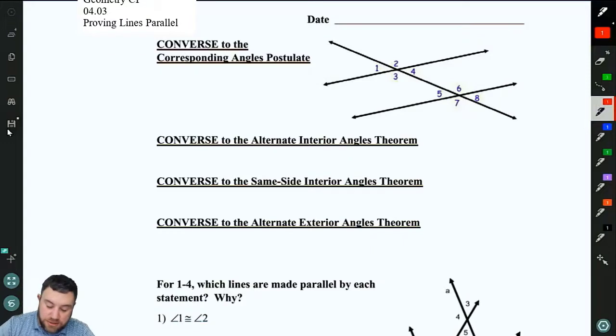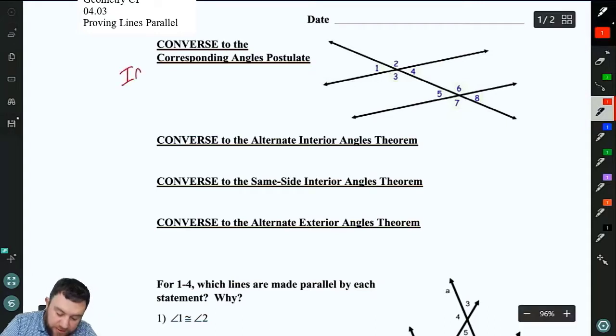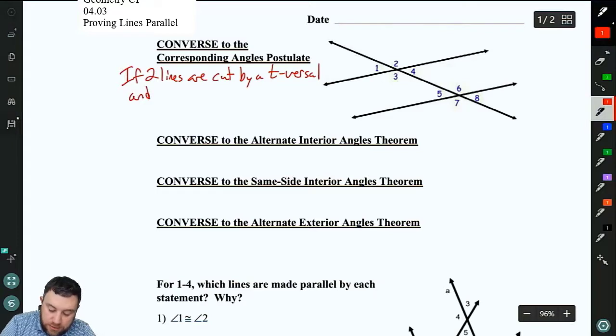The converse to the corresponding angles postulate is that if two lines are cut by a transversal and corresponding angles are congruent, then the lines are parallel.